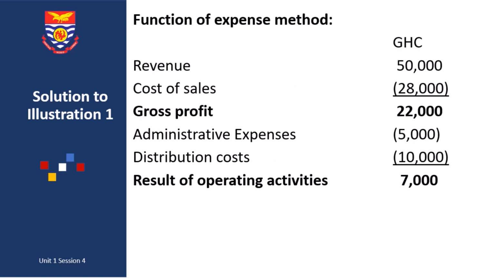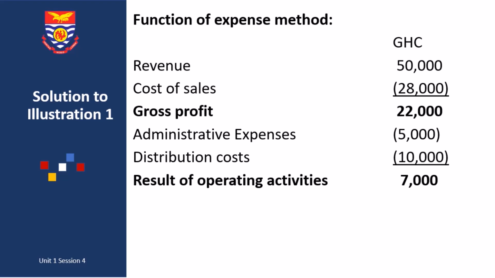So let's look at how the presentation would be when we are looking at the function of expense method. Revenue is still revenue, 50,000. So we are adding everything up under each of the segments. We want to take cost of sales as a department on its own.